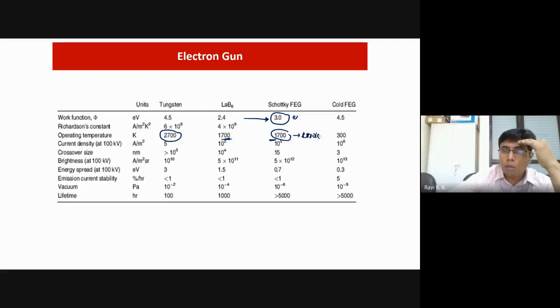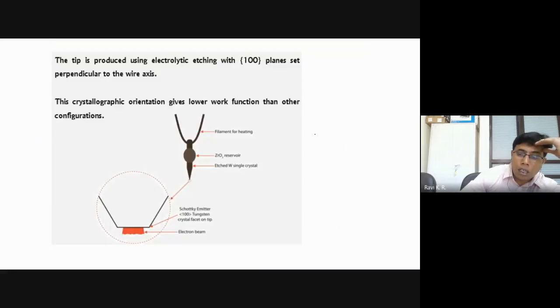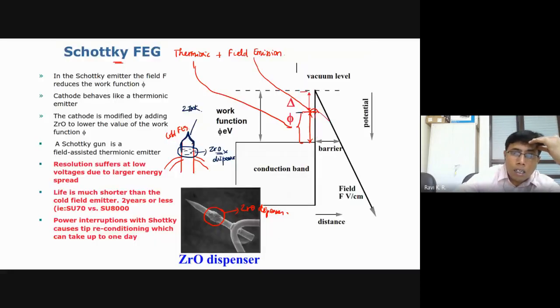But that part we achieve through the remainder: by doing this, you achieve the work function up to 2.7, and still you have a remainder, like 0.6. That 0.6 you achieve through field emission.